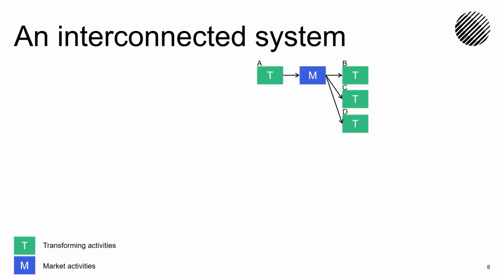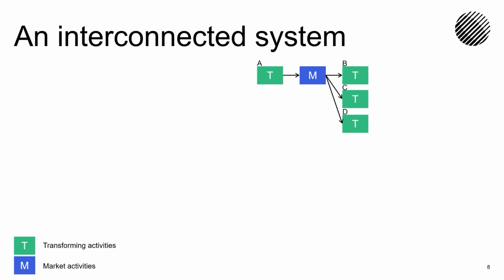On top of that, we need to take a moment to appreciate the fact that when you have access to the ecoinvent database, you don't have access to standalone data sets, but you have access to an interconnected system. For example, let's take as an example transformation activities, represented here in this figure with green boxes, and market activities.